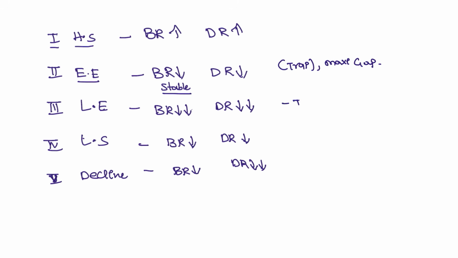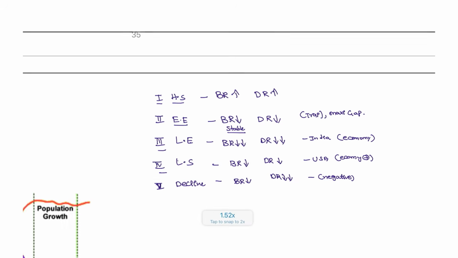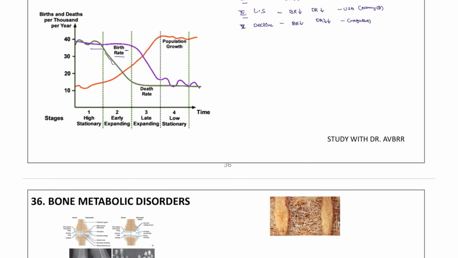The third phase is seen with India. The fourth phase is seen with the USA, America, and the last phase is negative. The economic boost is present in the fourth, followed by the third. These are the three important points you have to remember in demography.